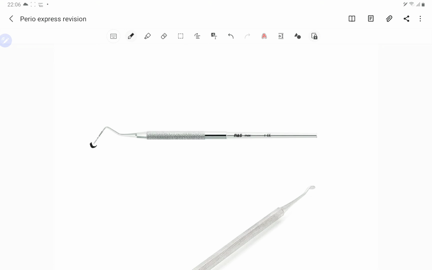First of all, the tip is blunt. If the tip is fine, then we call it an explorer. So this is not an explorer. Also, if you can see here, there are some marking graduations. Calibrations are present in millimeters. So this particular instrument is a periodontal probe.